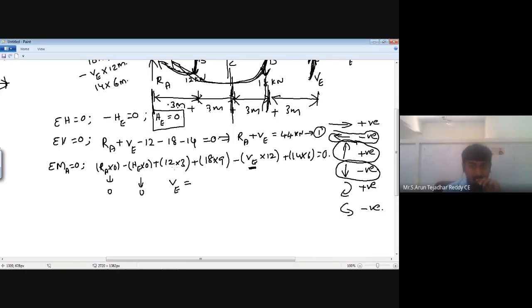Calculate 12 into 3 plus 18 into 9 minus VE into 12 plus 14 into 6 is equal to 0. After calculating this equation, we'll get VE value in terms of kilonewton. So here our VE is 23.5 kilonewton.